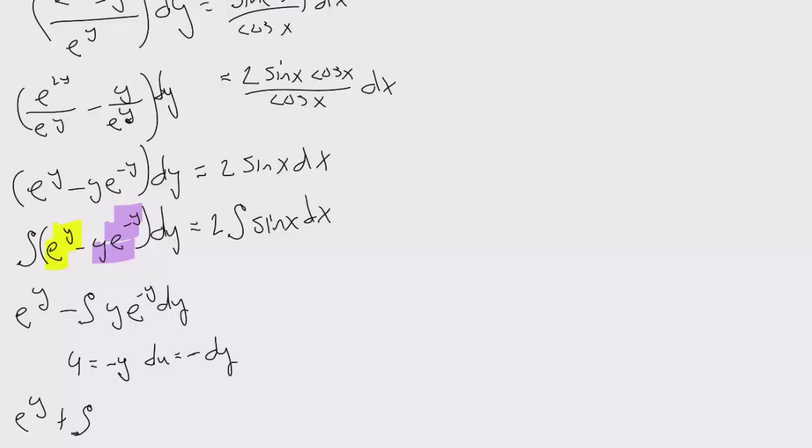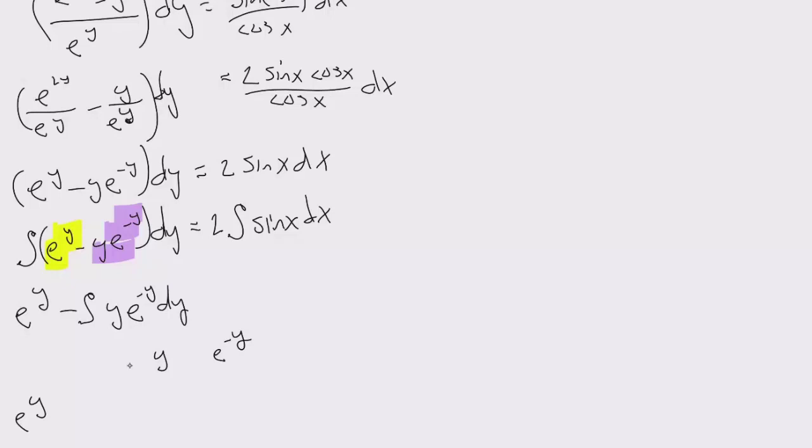Okay, so U-substitution didn't work out so well for us, but it was a nice try. So integration by parts would be the next approach I want to try. So let me come back up here. If I do integration by parts, I want to put a y here and a negative e to the y there.